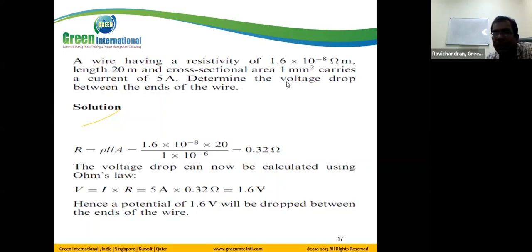So we need to find the voltage drop, that is V. From Ohm's law, V is equal to I into R. Current 5 amps is already given, so the only thing we need is the resistance R. For resistance R, we find it by using this formula. Once again, carefully, we must substitute this 1 mm square in meter square. I already said to practice with the desktop calculator.